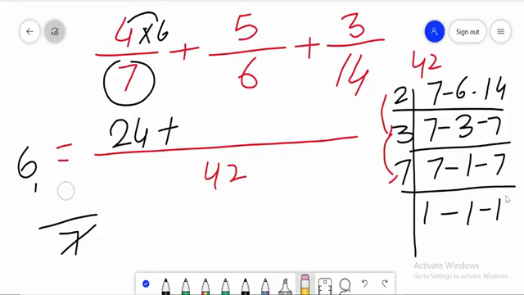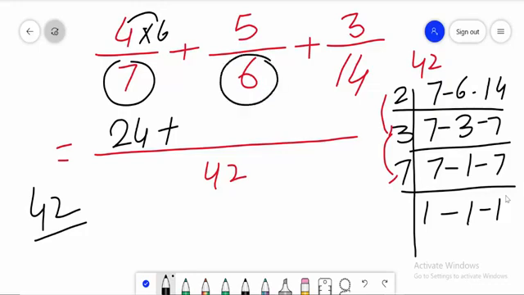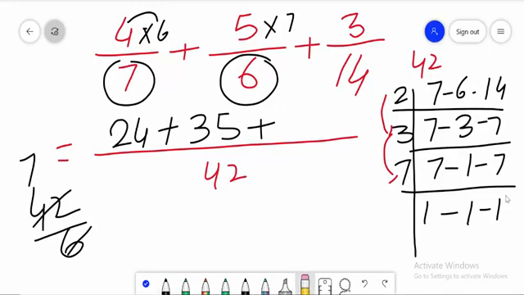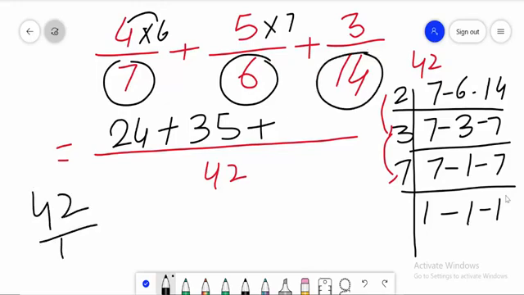Now again, 42 divided by 6: 6 7s are 42, 7 is the answer, 5 7s are 35, plus sign. Again, 42 divided by 14: 14 3s are 42, so just multiply by 3 over here. That would be 3 3s are 9. Clear?